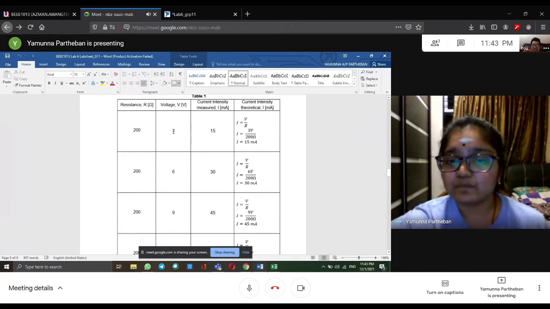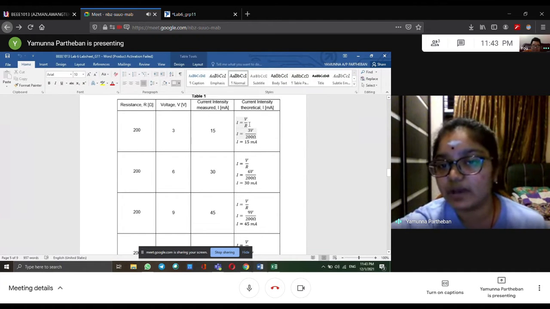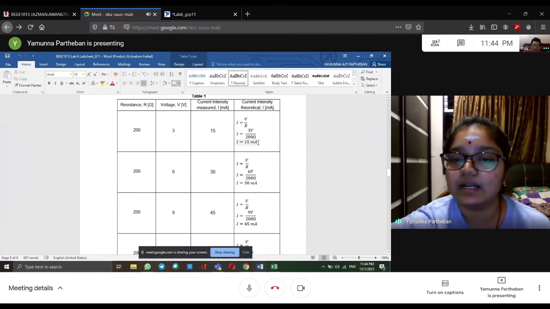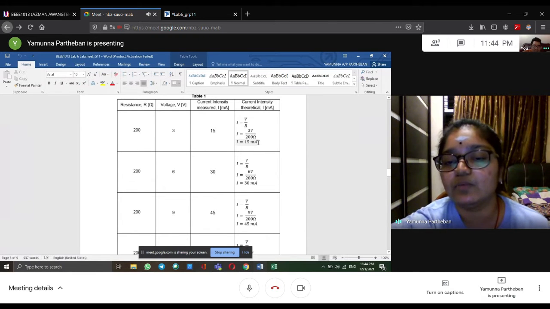For this current intensity theoretical, I used this formula where I equals V over R. So 3 volts, 200 ohm, and I got the current intensity theoretical value as 15 milliampere, which is similar to the measured value.